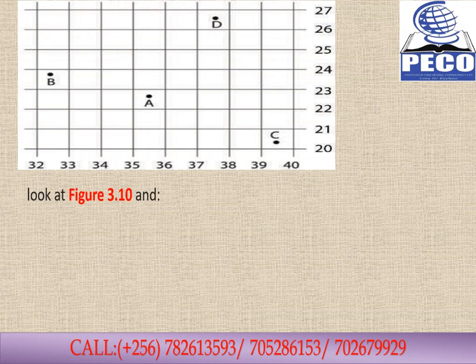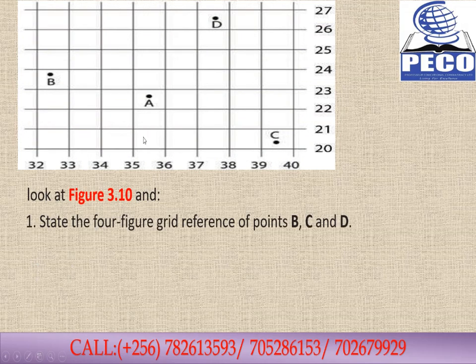Therefore, I want you to look at this figure 310, which is an extract from the other map, and then in your books try to state the 4-figure grid reference of the remaining features or the remaining points.